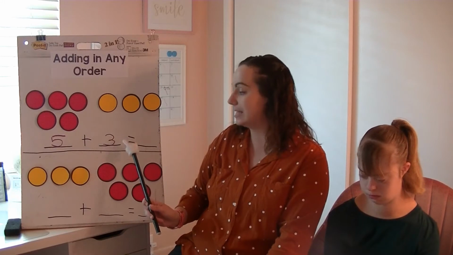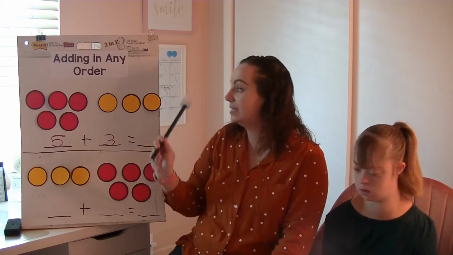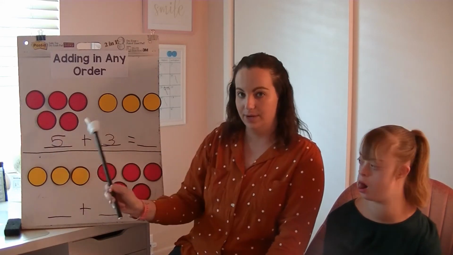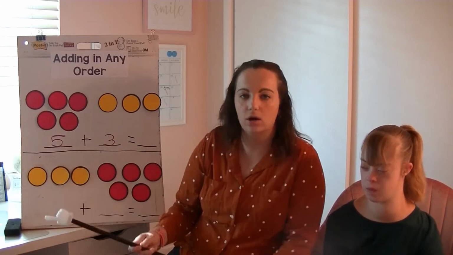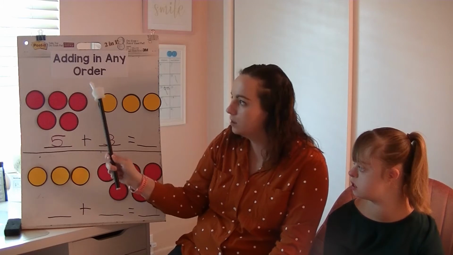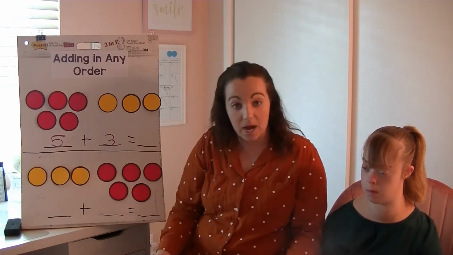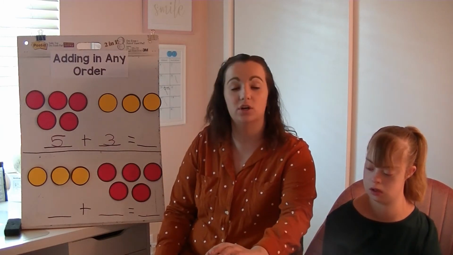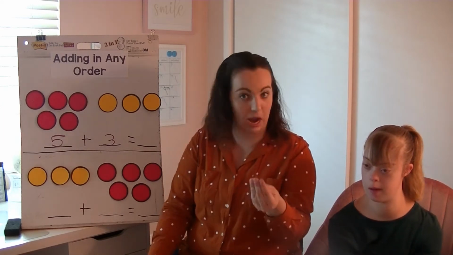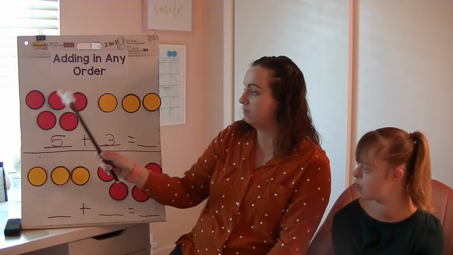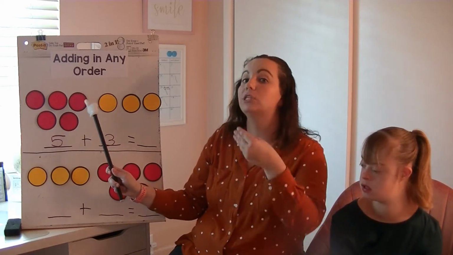Here comes equals. Now we need to add them up to see how many we have in all. Now, could I go back and count each one? Sure. But like I talked about, we've learned our adding strategies. Could we count on? Yeah, we know we have 5 red, so let's keep counting on.